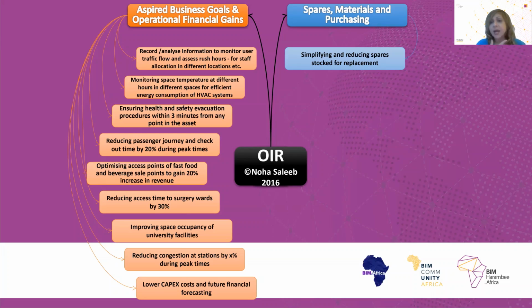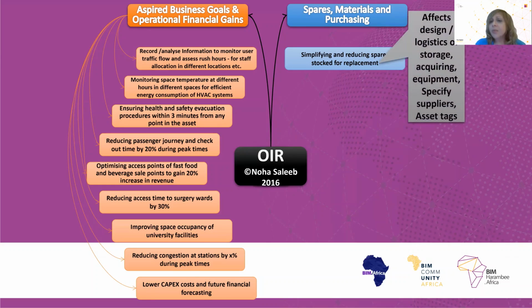There will be less resources wasted. Some of these spares might get damaged by being stored for long periods of time. So as we say, how would that affect us going forward?